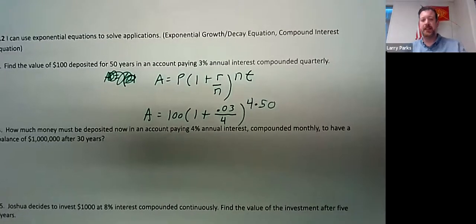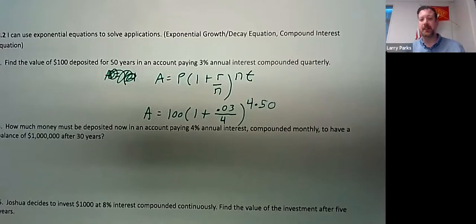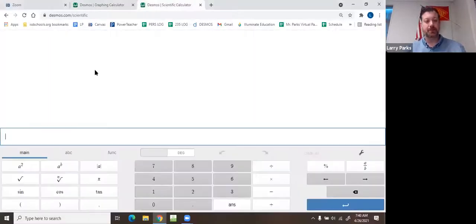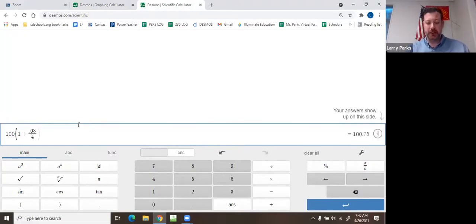So all I need to do is just type this into the calculator and see what I get. $100 times 1 to get my money back, plus 3% interest, compounded quarterly, still compounded quarterly. I have to put this in parentheses. How many years? 50 years.